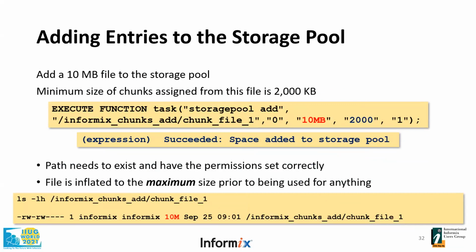And from this, if you allocate any chunks, they must be at least 2000K. And it's a priority 1. We can have multiple priority 1s or 2s or 3s. As soon as I add that entry to the storage pool, Informix will automatically inflate that file to the size that I've specified, in this case 10 meg. So now it's sitting there and it's just ready to be used.